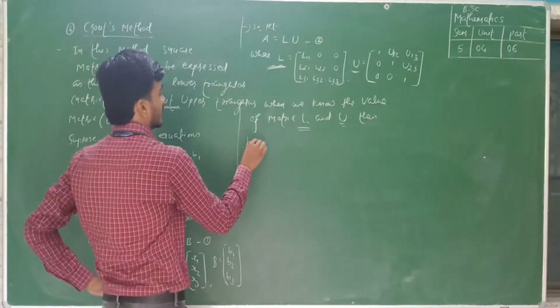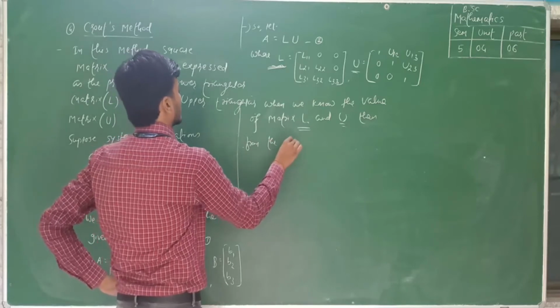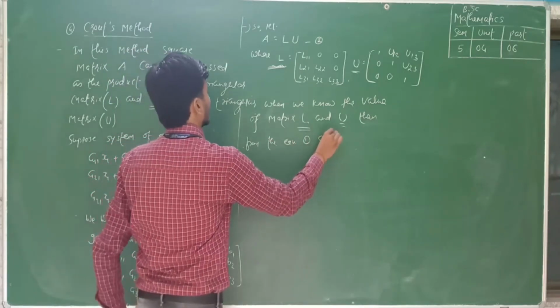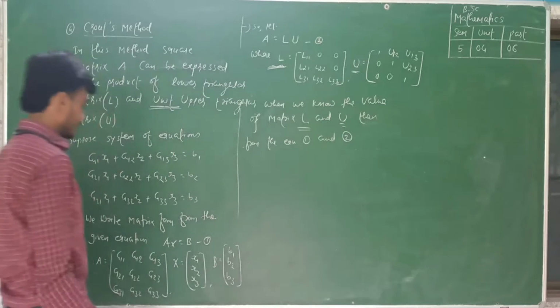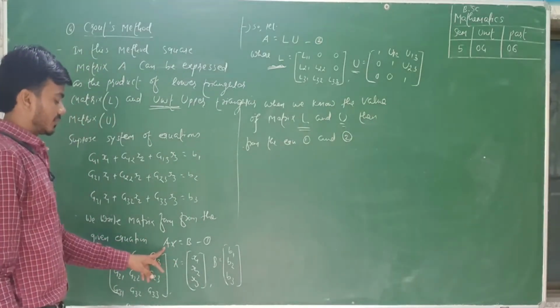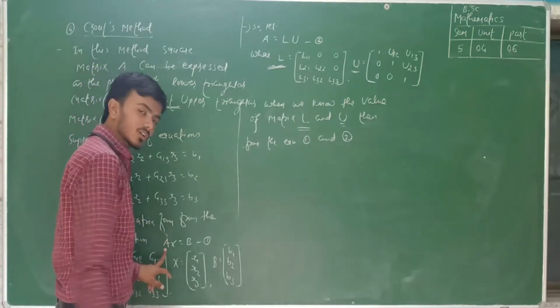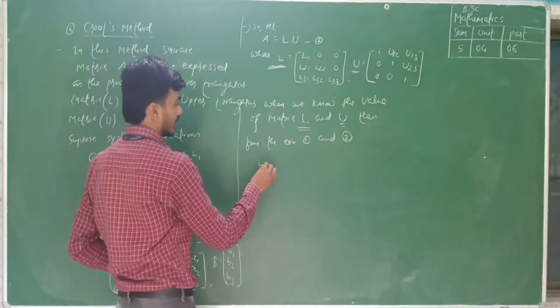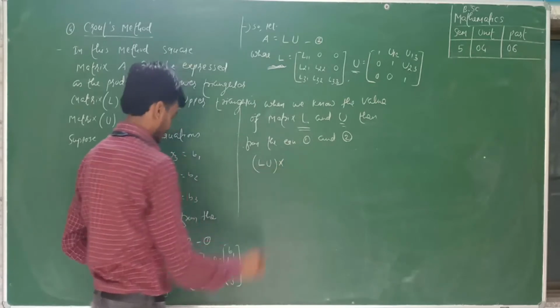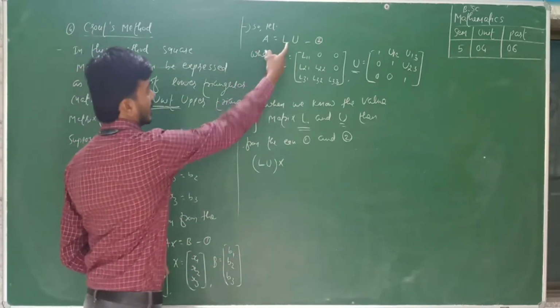From equations 1 and 2, AX is equal to B, but A can be expressed as the product of L into U. So A is equal to LU.